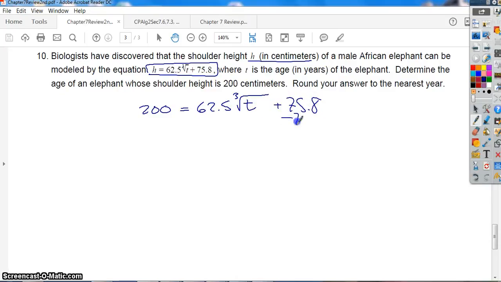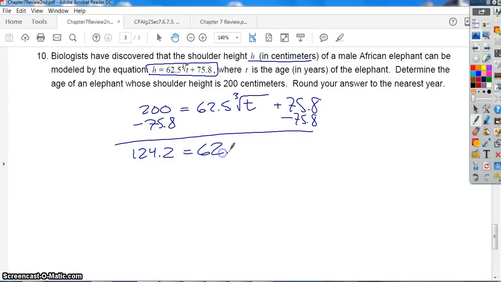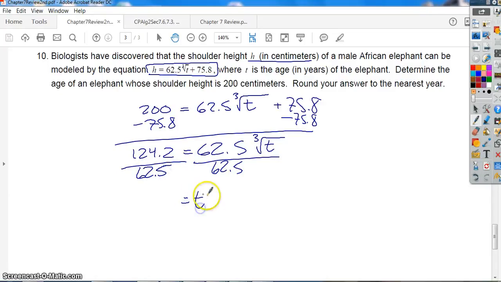So we're going to subtract 75 first. All right, 125, divide by 62.5, and that's what the cube root of T will be.